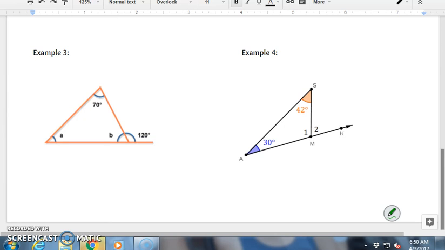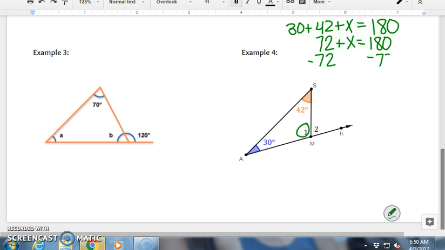So because I know the 2 interior angles of the triangle, I can find the other interior angle by adding 30 plus 42 plus, I'm going to go ahead and put x instead of 1, equals 180. So add those together, we get 72.